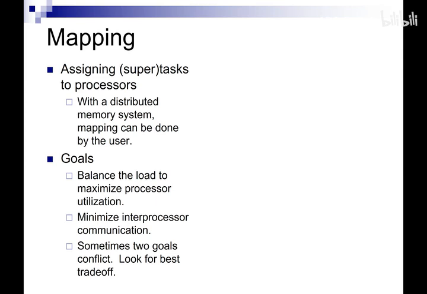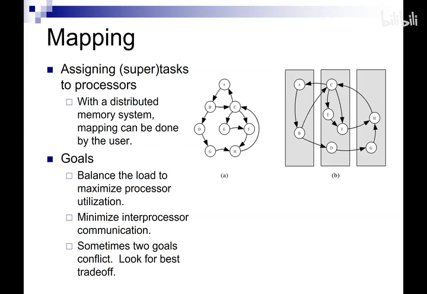In that case, you don't have any interprocessor communication. But of course, that's not going to load balance at all. And if you want to load balance, then you want to spread out all of the tasks between the processors, but then that would increase the amount of communication. So you have to look for some sort of trade-off between these two objectives.